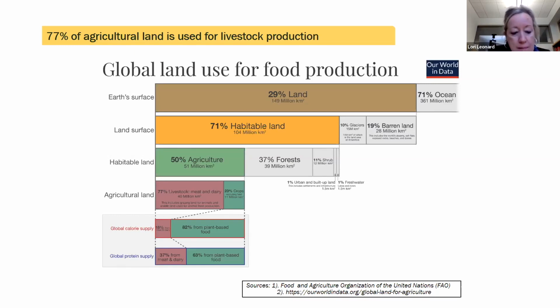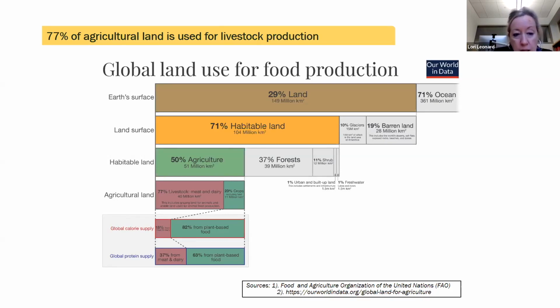So when we expand agricultural production, we're decreasing the amount of forested land and the carbon sinks that we have. And then continuing on, those bottom three rows, what you can see there is that when you look at how we use that agricultural land, most of it's used to produce livestock. So it's used either for grazing or to produce feed for livestock, and that's mostly soy and corn.